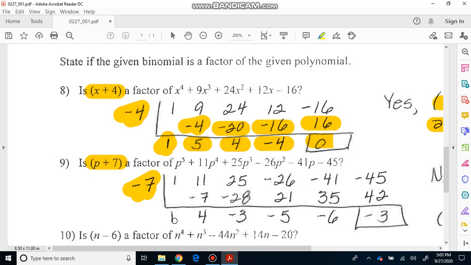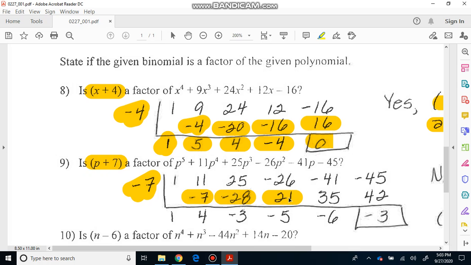I'm going to bring down the 1. Then I get negative 7 times 1 is negative 7. 11 minus 7 is 4. Negative 7 times positive 4 gives me negative 28. 25 plus negative 28 is negative 3. Negative 7 times negative 3 is a positive 21.